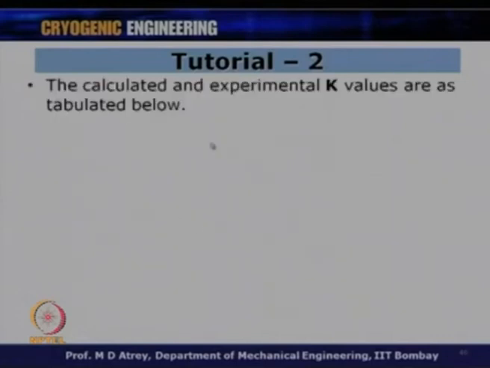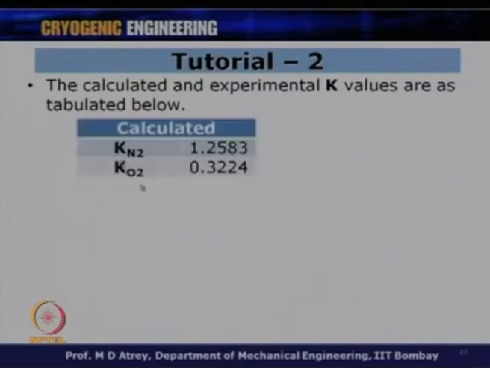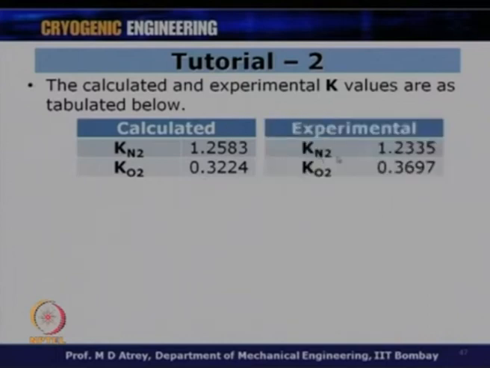All right. So, the calculated value of K, which is y upon x, gives K N2 as 1.25 and K O2 as 0.3224. And if I take the experimental values, K N2 is 1.2335 and K O2 is 0.36.